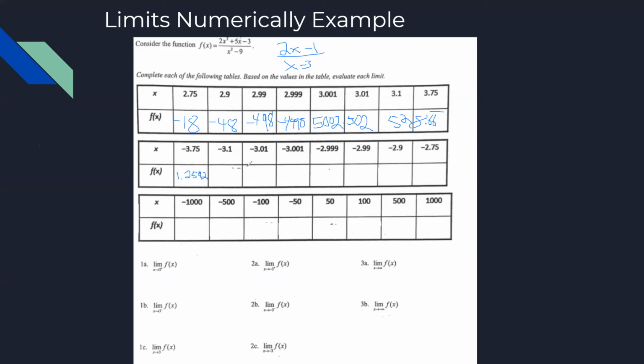Negative 3.1 is 1.1803. So you can see that it's getting smaller.